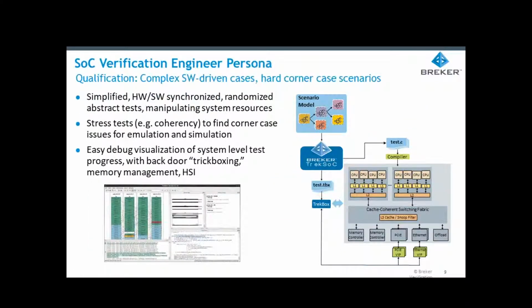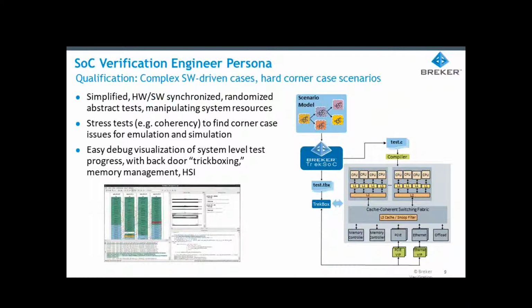A number of people are exploring this. When you get more to the SoC level, and now you're bringing processors into this, particularly for things like integration testing, like cache coherency, power domain switching, which is the case we're going to look at in a sec, this kind of technology works really well. You can create a scenario. You can build that scenario from smaller scenarios. So you can take UVM tests and plug them into a broader system-level test.